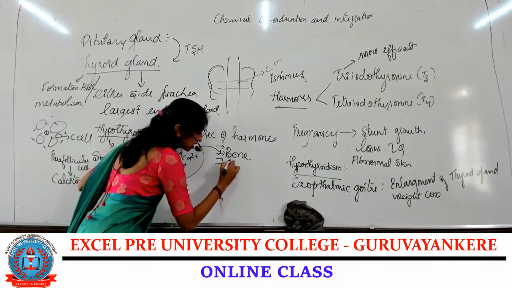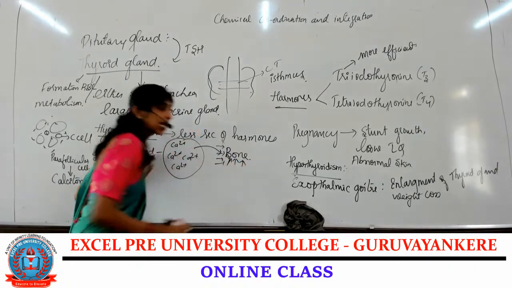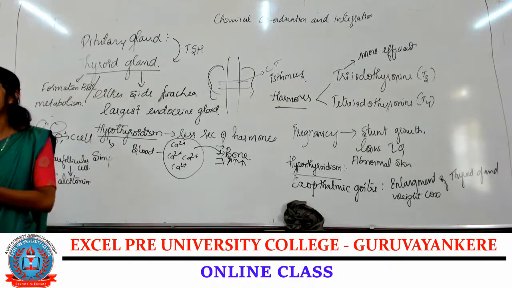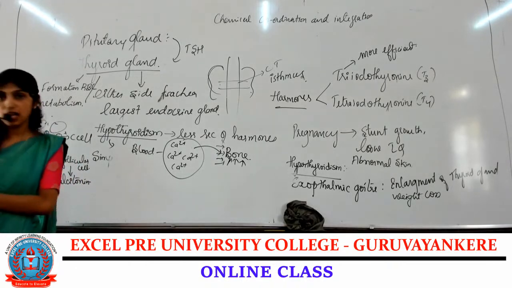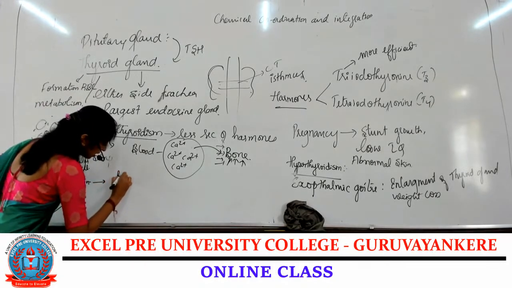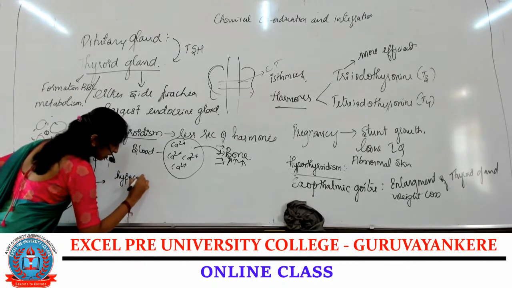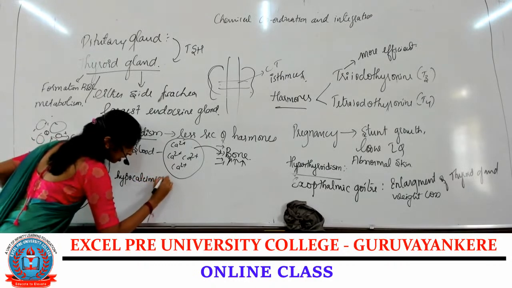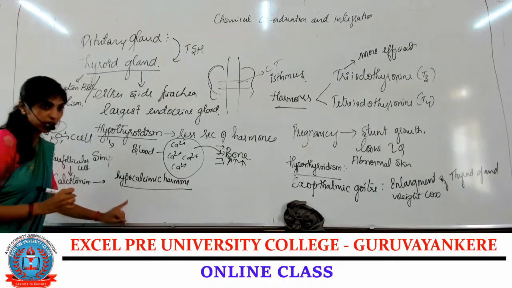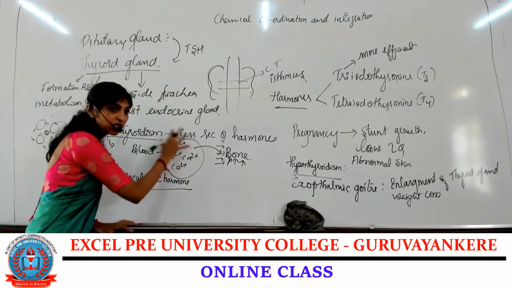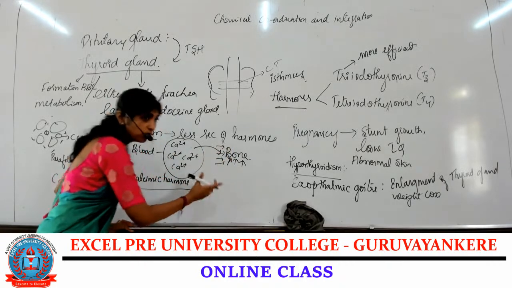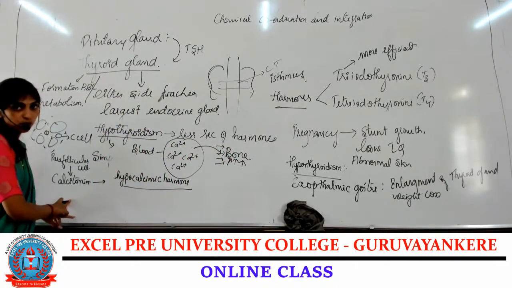That is why calcitonin is also called a hypocalcemic hormone, because if the calcium is more in the blood, the calcium will be deposited to the bone by this calcitonin.